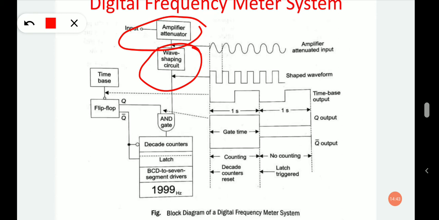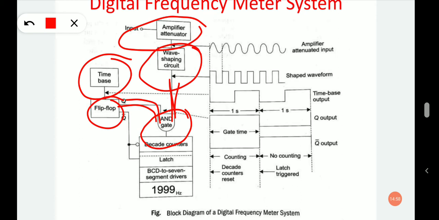The output of the wave shaping circuit is given to a two-input AND gate. One input is from the wave shaping circuit and the second input is from the flip-flop, whose input is the time base, and the second output Q bar is given to the decade counter with latch.